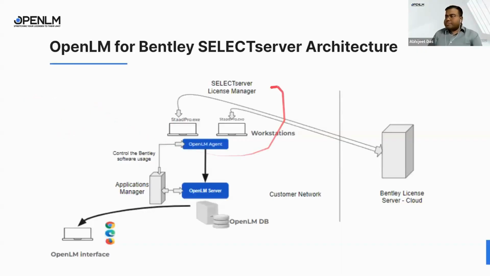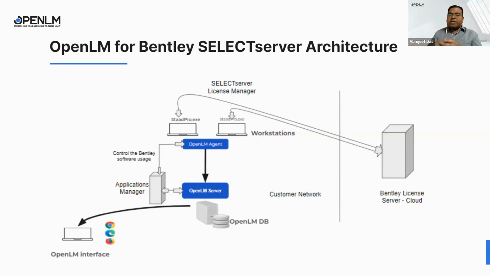So let me share this screen again. Okay, so if we see here, for example, the application, or let's assume it is AutoPipe. Now, AutoPipe as an application will have the process as autopipe.exe. But what if we want to manage or control the usage at feature level? AutoPipe will have a feature called AutoPipe Premium or AutoPipe Standard.